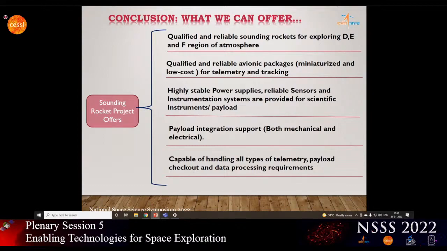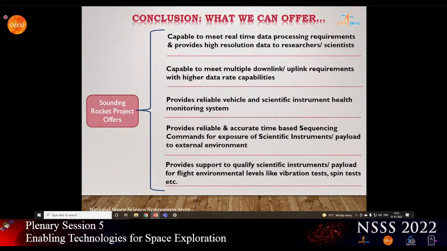We can provide better integration support, both mechanical as well as electrical, and we have quite good experience in handling telemetry, payload checkout, and data processing systems in different domains. Apart from this, we have newly designed systems with very high and accurate resolution.